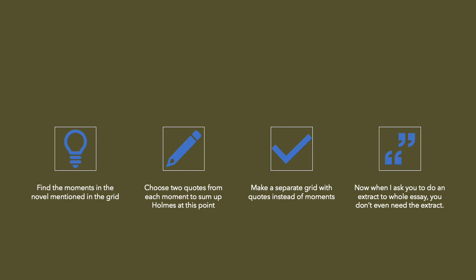If you're doing your revision well and thoroughly, there should not be a single moment from that grid, a single quote even, that I could give you that you wouldn't be able to back up with your points and explain back to me. So you should be able to use any one of those moments to write an extract to whole essay.